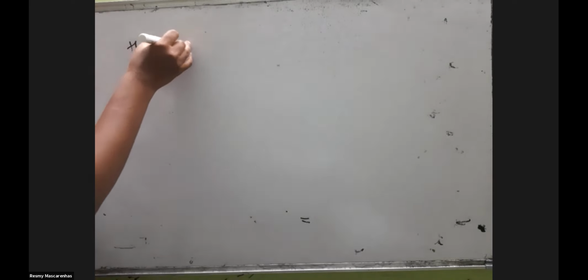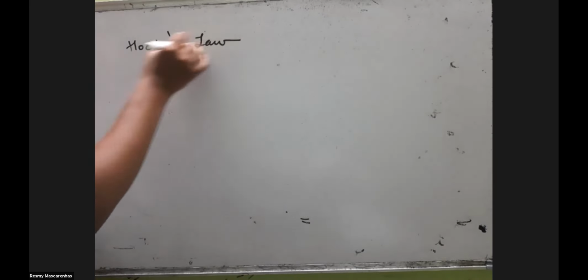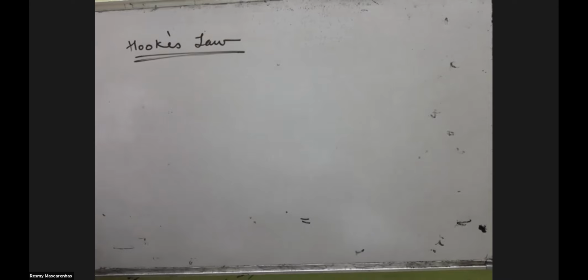Next, there's something called Hooke's law. Now you know that definitely stress and strain are related to each other. When can stress occur? Only when there's a strain.